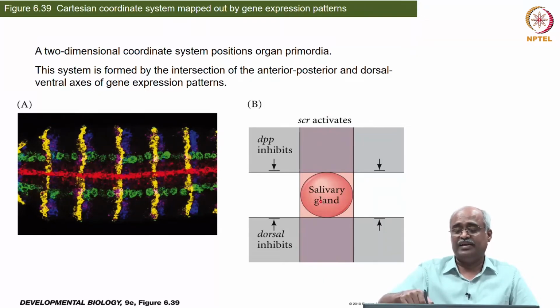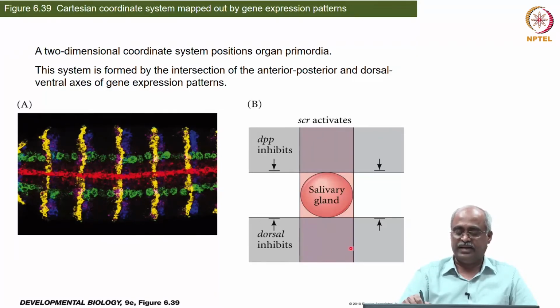But the salivary gland does not form all through this dorsal ventral axis in this anterior posterior position, but it is only in this particular place because here you have high DPP, which inhibits the activity of SCR in specifying salivary gland.